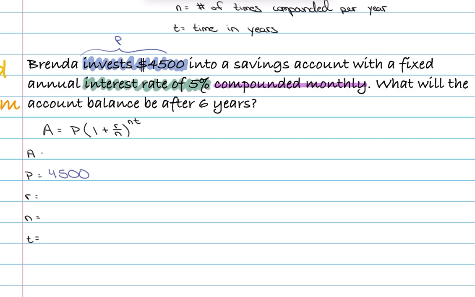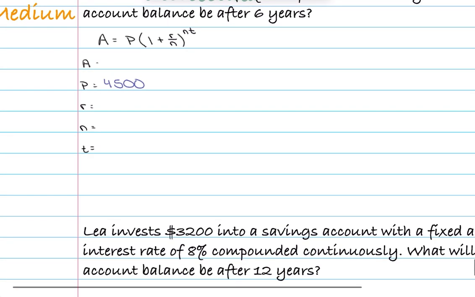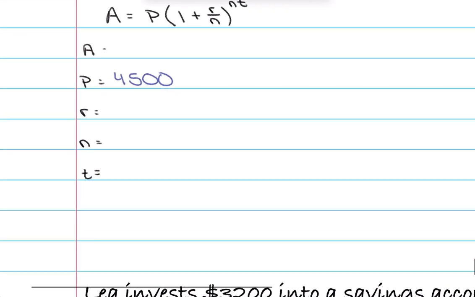So that means I'm going to have, for my R, that's my interest rate, I'm going to put 5%, but remember I told you that has to be in decimal form. So we're going to do that equals 0.05. Again, if you don't remember how to find that, just take the number and divide by 100. So that's where we got 0.05 from, okay?